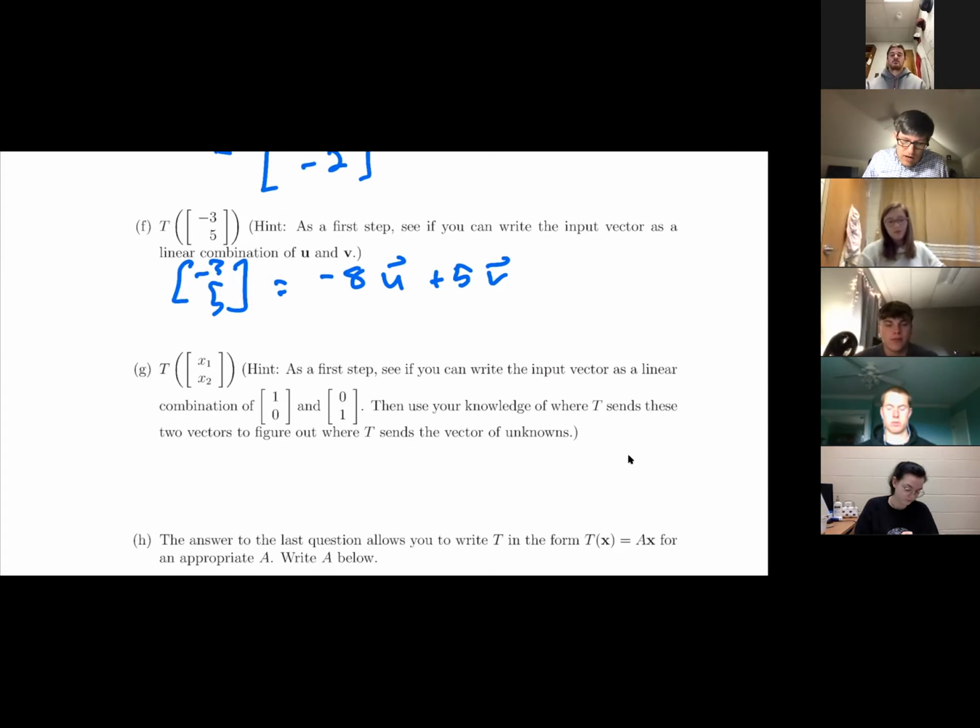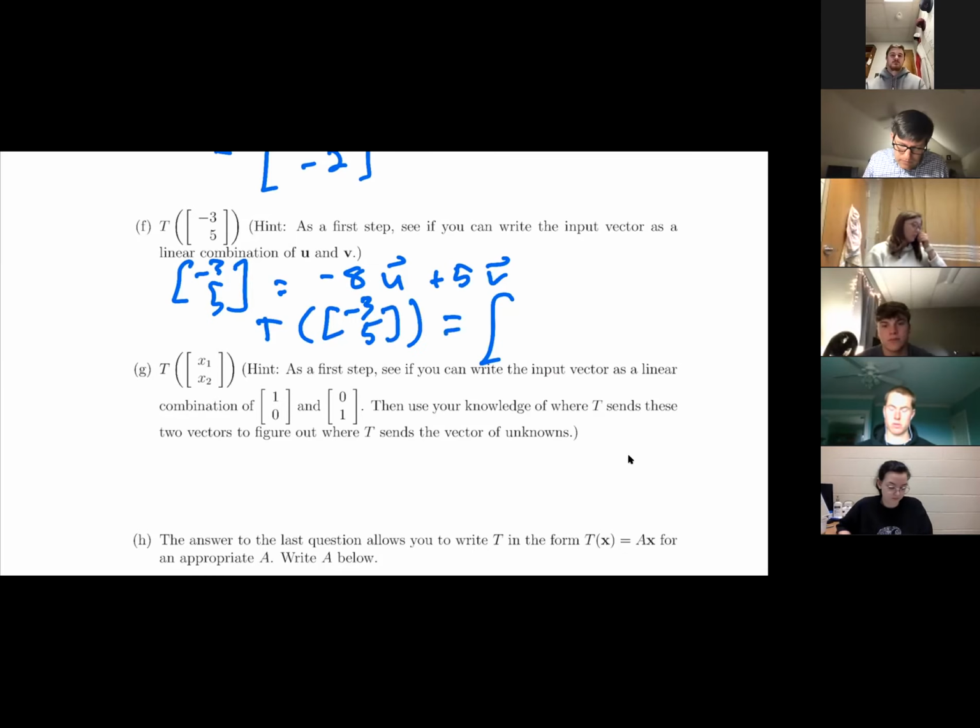Is that what other groups got? Yes. Okay. And then Rachel, what did you get after that? So after that you broke it apart and you did some work. What was your final answer for T of (-3, 5)? What'd you get? Oh, I just did it all in like one thing. All in one thing. What do you mean by that?